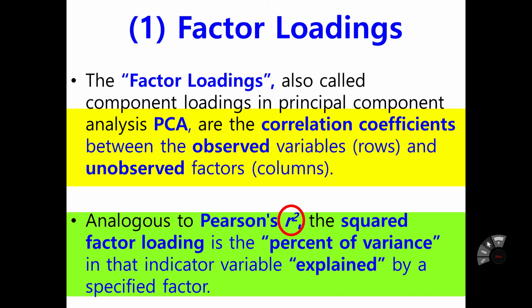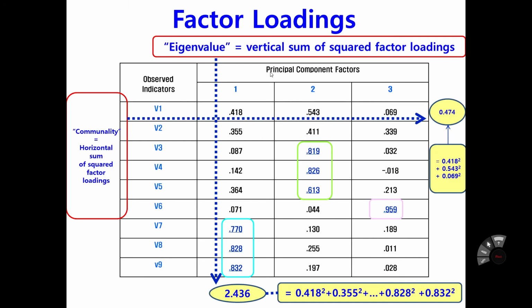So, how many factor loadings? We have now 9 times 3. In total, 27 factor loadings have been estimated and reported in this factor loadings table.